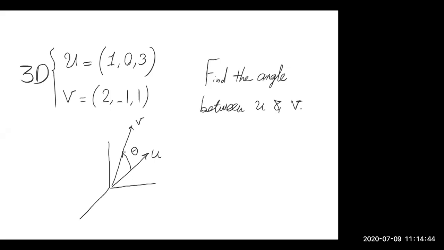When you have two vectors inside any vector space of any dimension, you still look at the plane which contains these two vectors. There's a unique plane which contains these two vectors. And then you can look at the angle theta there. It's well defined. It really doesn't matter.